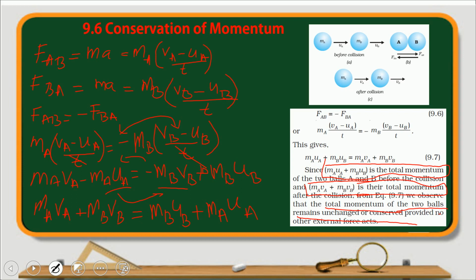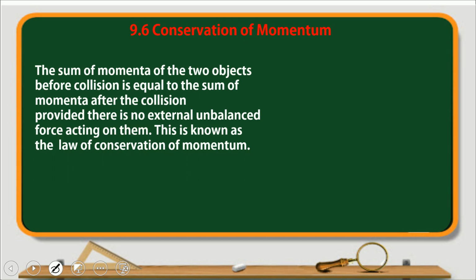How can we define it? The total momentum before collision is equal to the total momentum after collision. Getting all of you? That is, the momentum is not changed; it is unchanged. So what is the definition here? The sum of the momenta, the plural of momentum is momenta. Understand? What is the sum of the momenta? That is initial, while telling about before collision.